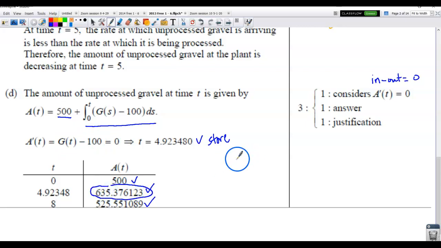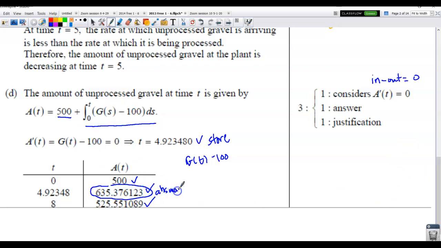So in your writing, if you did the graph of G of t minus 100 and looked at that graph, you would be able to determine that the graph we're looking for, I keep forgetting what we're looking for, the absolute maximum. Let me write that down.